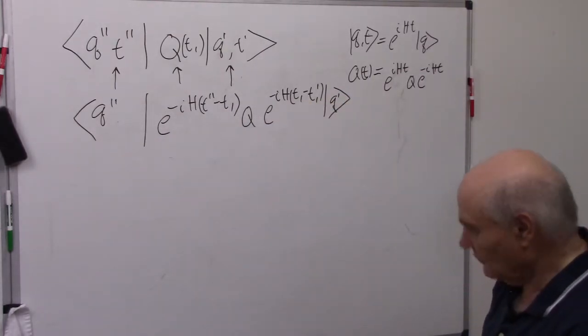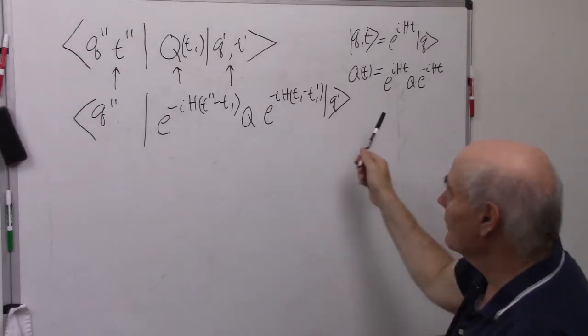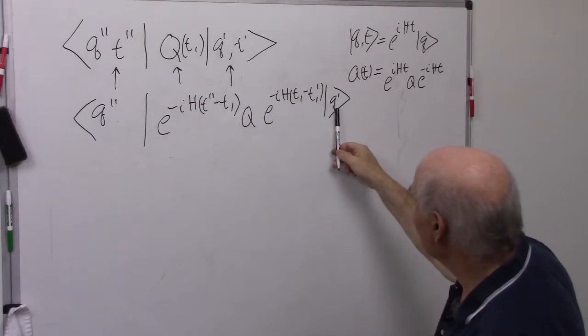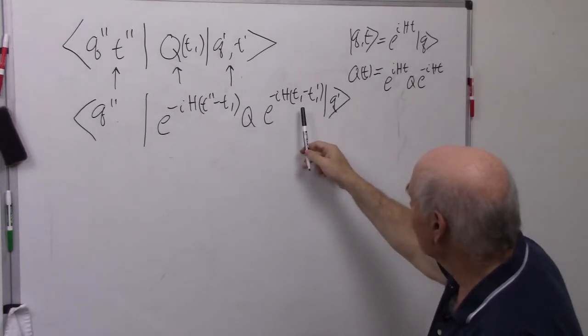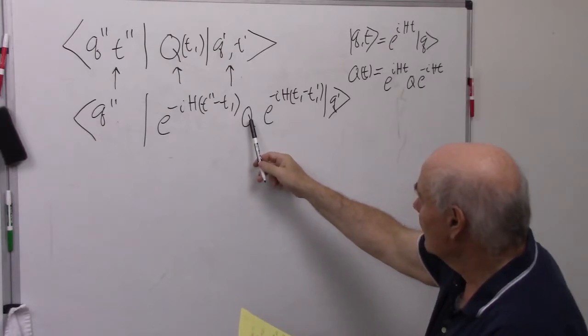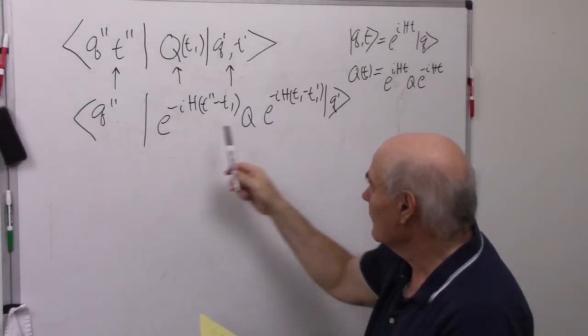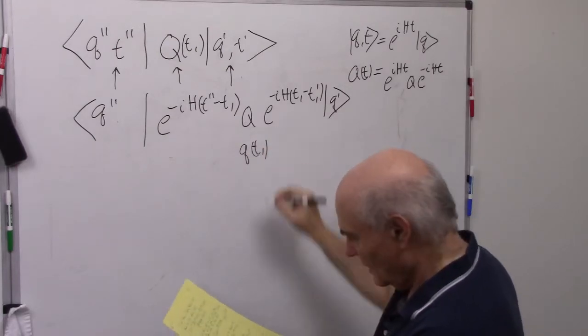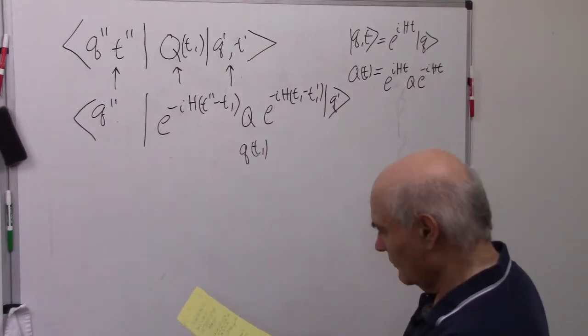Now, in evaluating this path integral, if we go through the whole derivation that we did, we're going from q prime, and then we're going to end up at time t1 here, and then we're going to go through the rest. So the only effect of this is to add q of t1 to our path integral formula.